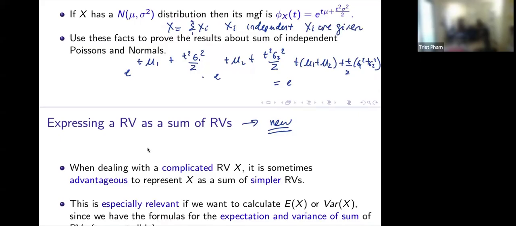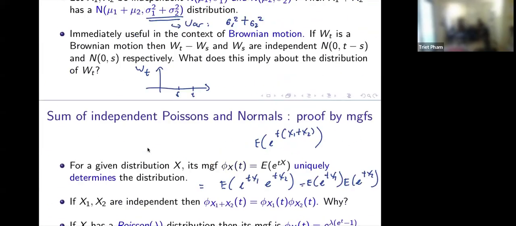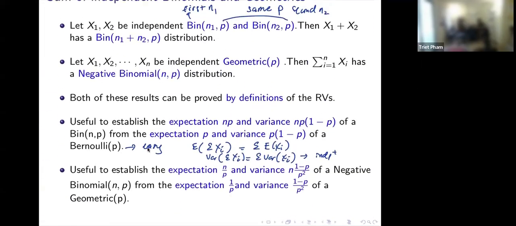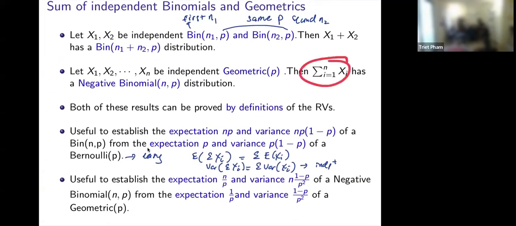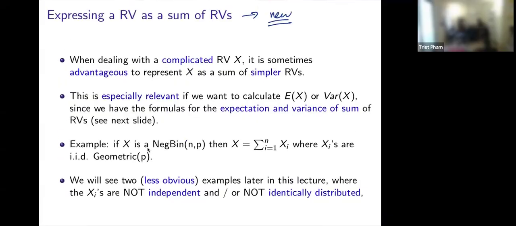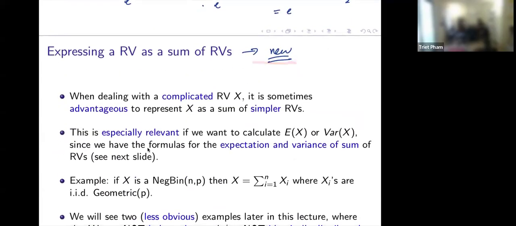So in a way, you go from the sum expression to the random variable. Note that we conclude sum of Poisson is Poisson, sum of normal is normal, sum of geometric is negative binomial, and so on. We go from the sum to the random variable. What we're doing now is to go back.